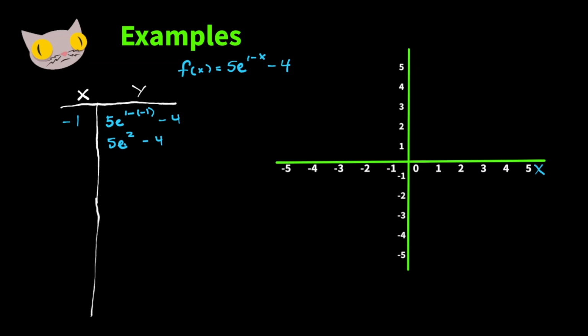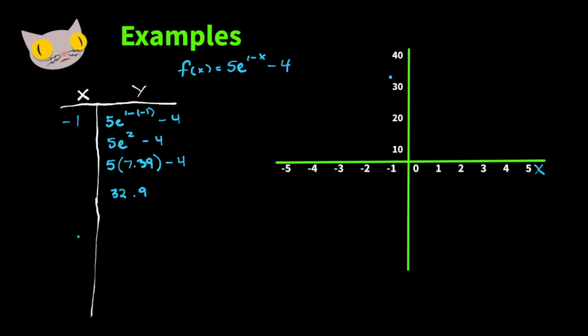And if we type e squared into the calculator, we'll get 5 times 7.39-ish minus 4, which gives us about 32.9. So our first point will be at -1, 32.9, about here maybe.